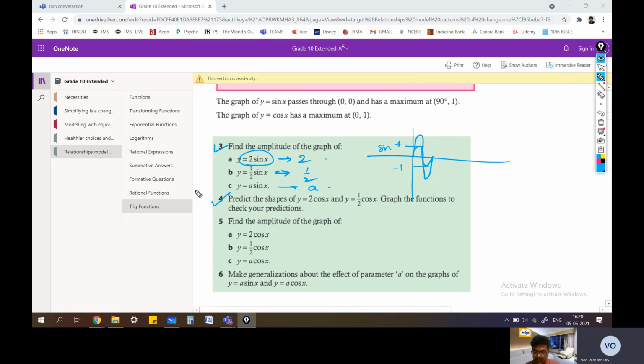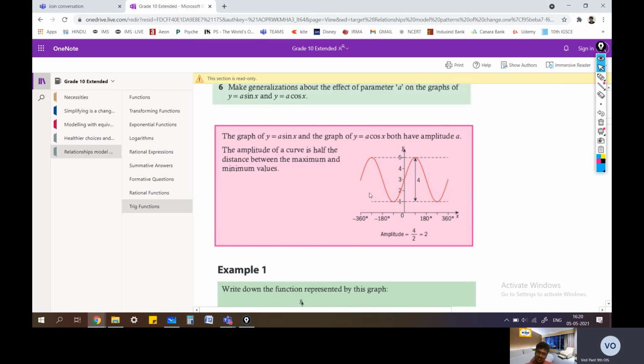Half cos x will again be vertical dilation, but this time it will shrink. And a cos x, the amplitude will multiply by a. For 4, 5 and 6, the parameter a will affect the amplitude.